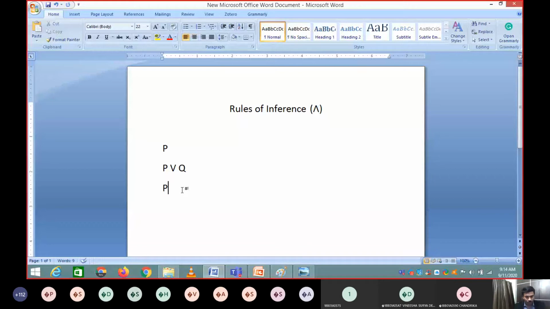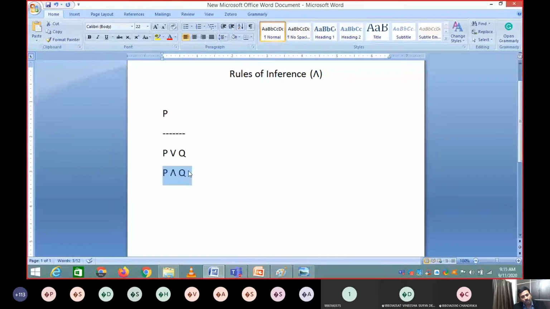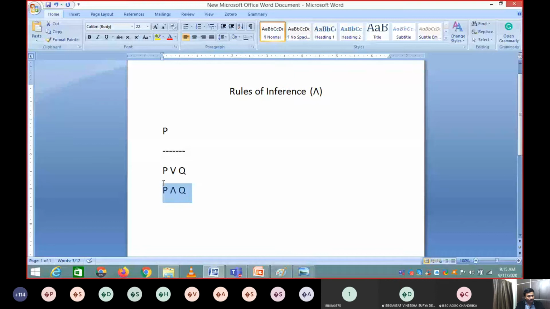When P is true, P or Q is true or P and Q is true, which can I take as an inference, or which can I take as a valid point? Is it P or Q or P and Q is true?